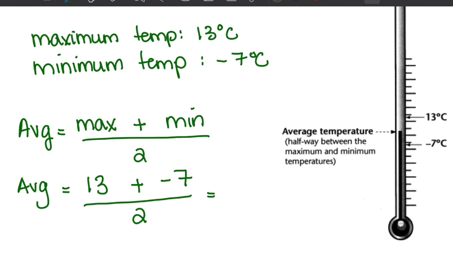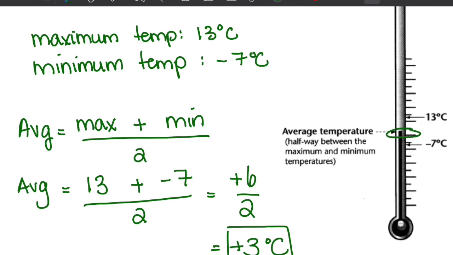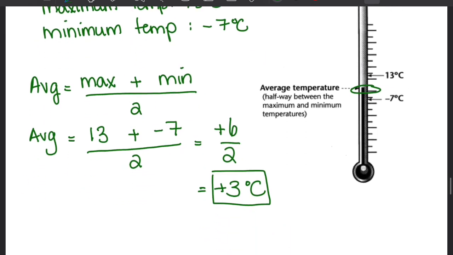So 13 plus -7 is equal to +6. Then we have that 2. Now fractions in math mean division. So we're going to go 6 divided by 2, and that gives us +3. So the average temperature is +3 degrees Celsius, which is the exact same answer we got using method 1. So this is how we calculate average temperatures.